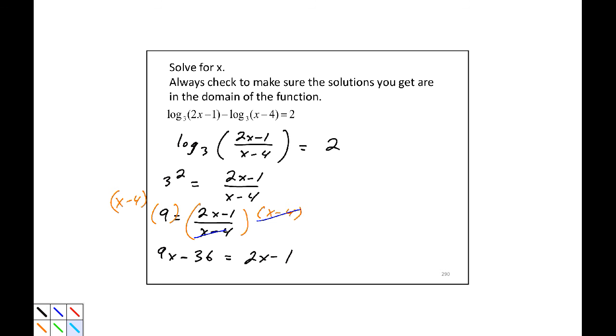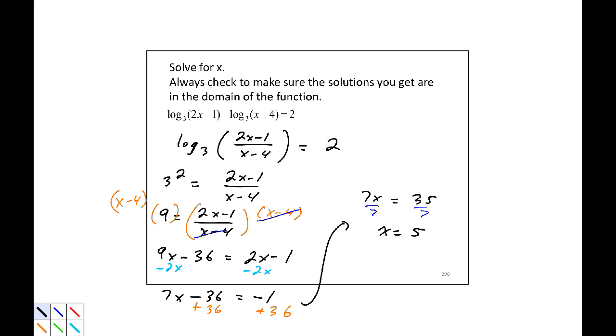Now we can solve this by subtracting 2x from both sides. So that would be 7x minus 36 equals negative 1. We will add 36 to both sides so that we have 7x equals 35, and then last, dividing by 7, x equals 5.